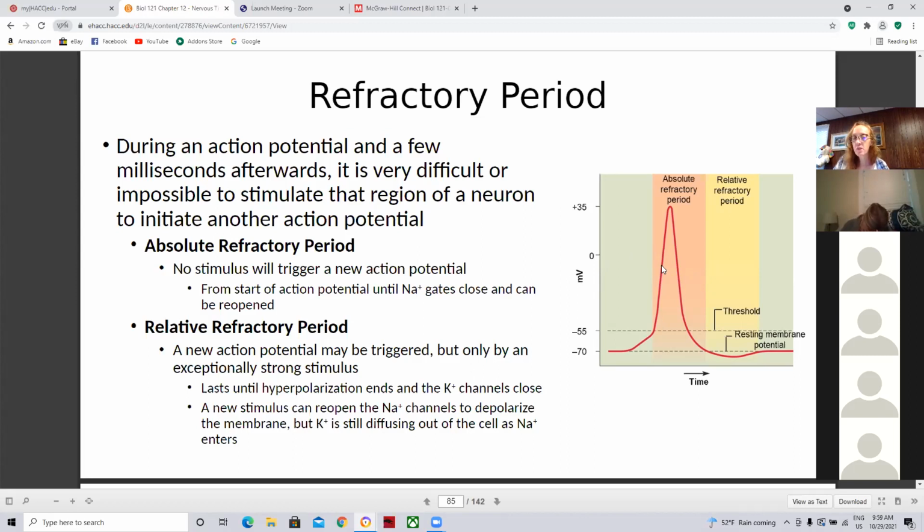So no stimulus during the absolute refractory period, right here until right here when the sodium gates are completely closed, can initiate another action potential. So this is the absolute refractory period. Unless they're fully closed, they cannot be reopened.